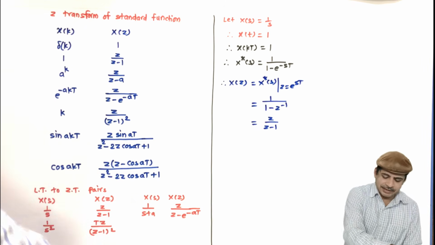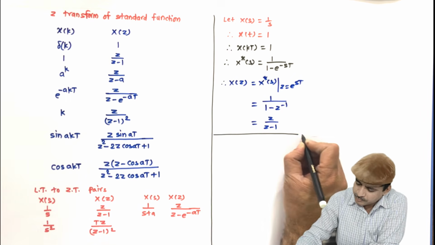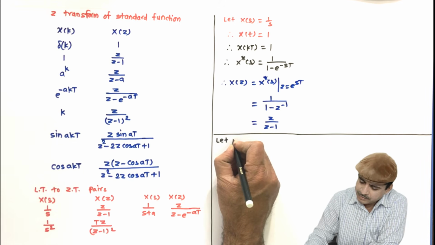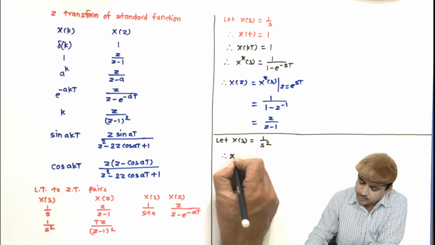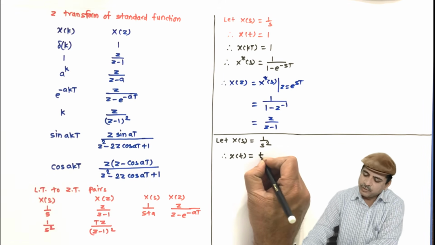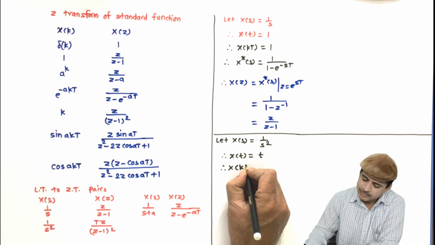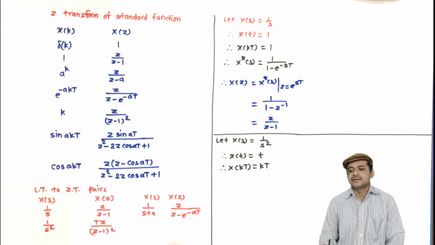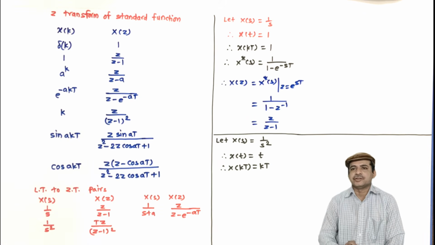Let us do it for the second one also. Let x of s be equal to 1 by s square. Then what is x of t? X of t will be t, because Laplace of t is 1 by s square. So what is x of kT? It will be kT. Correct. And I have a Z transform for k, and T is a constant.